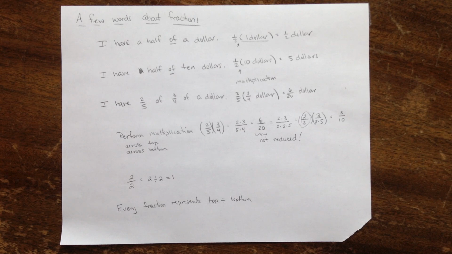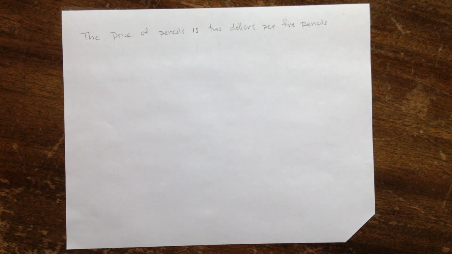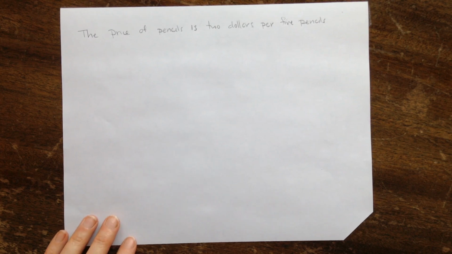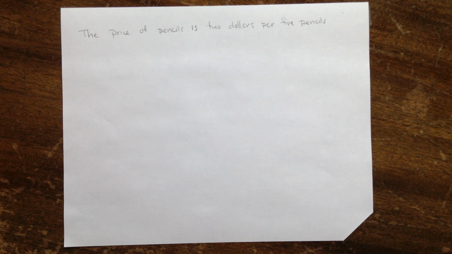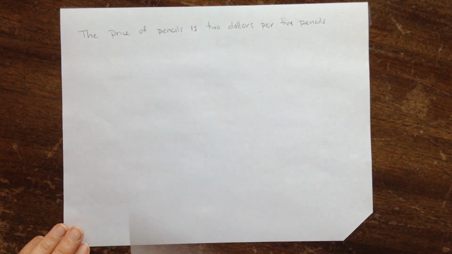Okay, so let me do another sort of word problem. These aren't really problems, I'm just playing with the numbers here. So let's say we are going to buy some pencils, and the price of pencils is $2 per 5 pencils. So we had here the word of translated to multiplication.